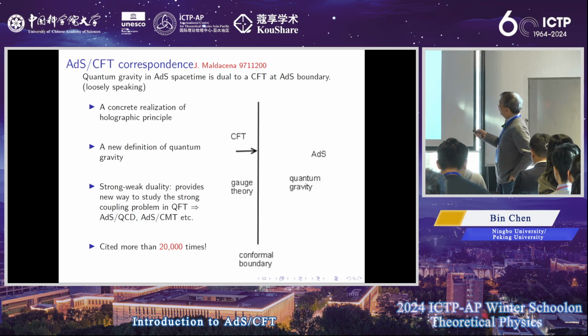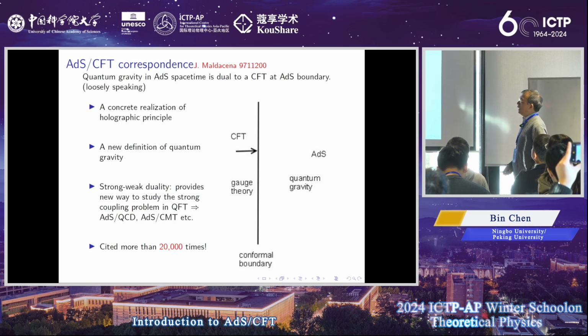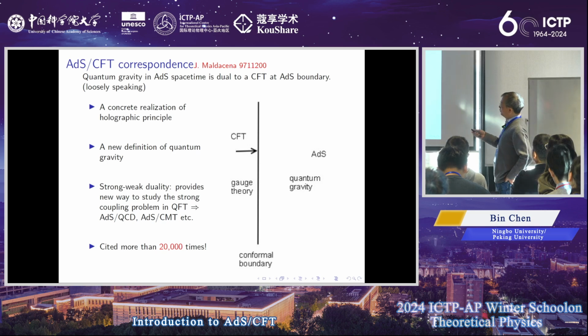Loosely speaking, it means that quantum gravity in an AdS bulk, in an AdS spacetime, is equivalent or dual to a conformal field theory at the AdS boundary. This is a very loose statement, not a precise definition. The more precise definition will be given maybe tomorrow.